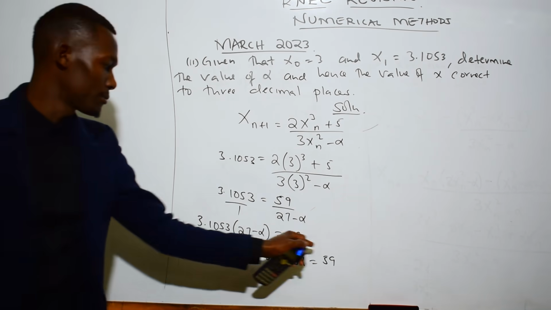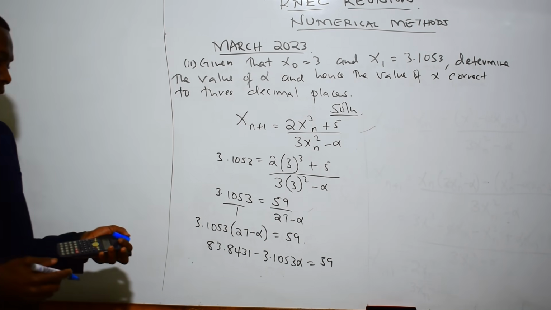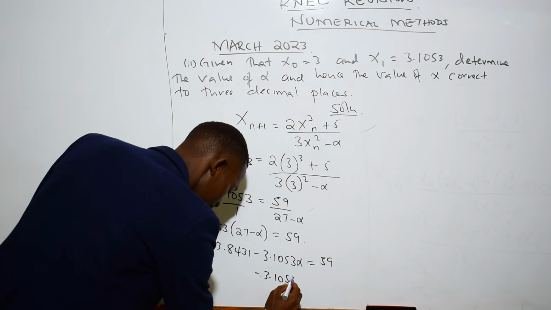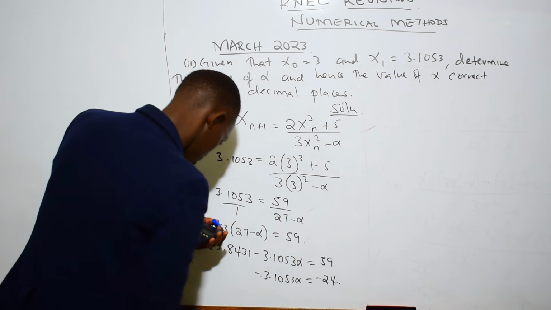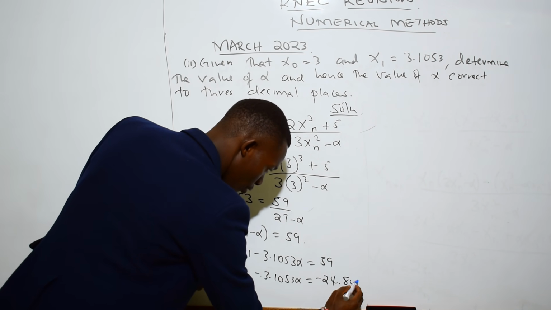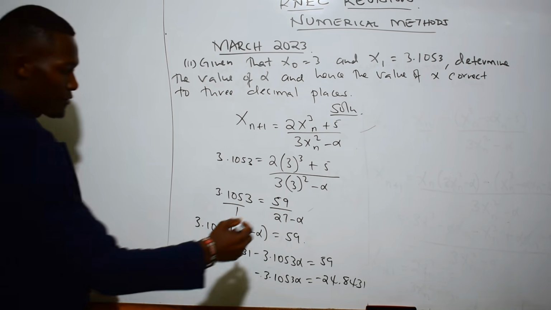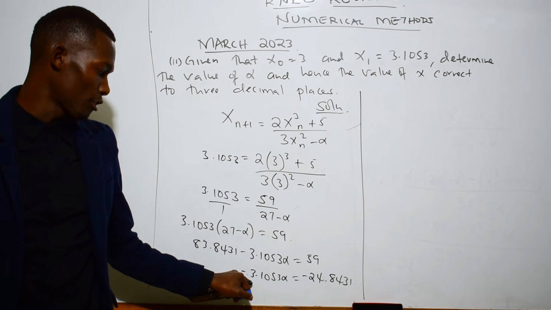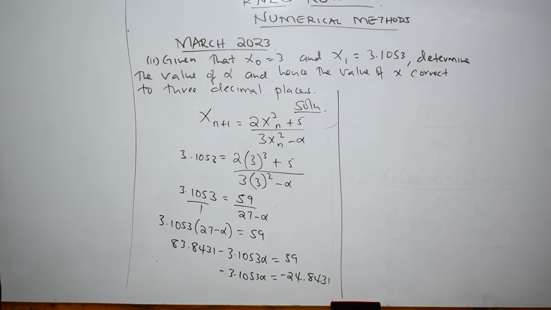So we take this term to the other side, so you can just say minus 59, which gives us negative 24.8431 minus 3.1053 alpha. So negative 3.1053 alpha gives you negative 24.8431. So solving for the value of alpha, you divide by negative 3.1053 on this side and also on the right hand side.